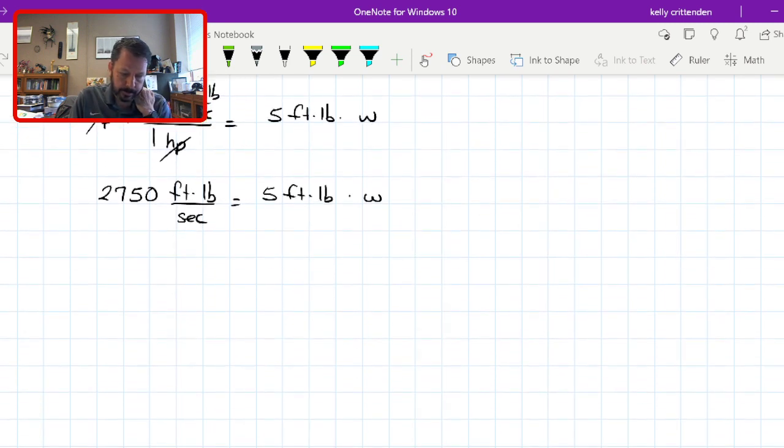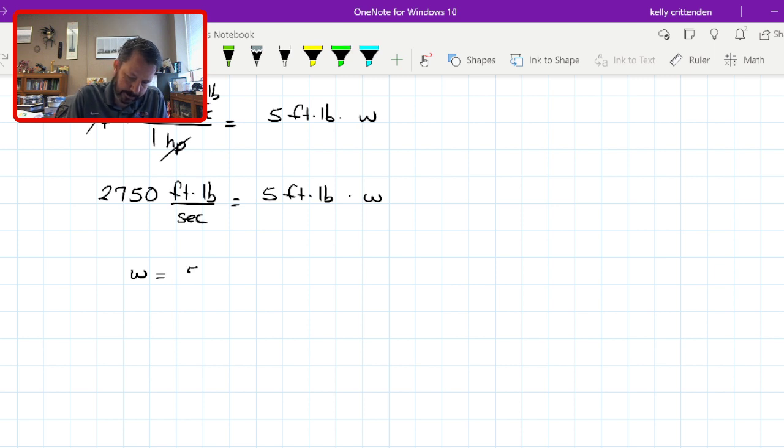So we want to know how fast this shaft is spinning, so we've got omega equals, let's see, we divide by 5 foot-pounds, I guess. 2750 divided by 5 is 550.